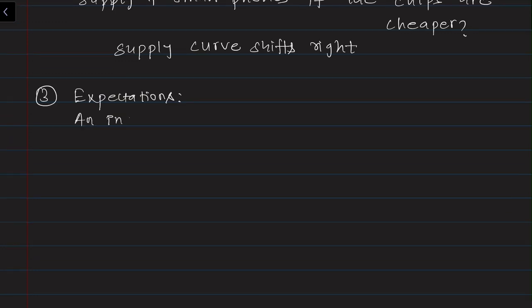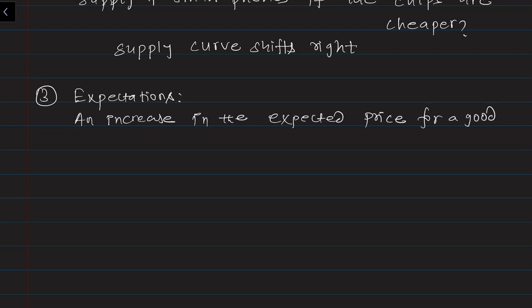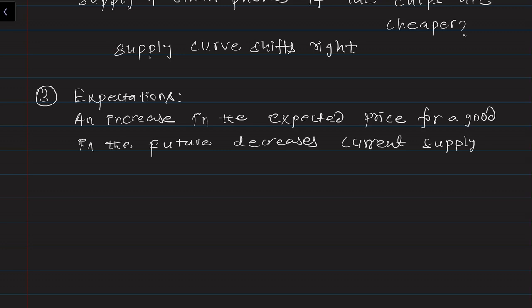So an increase in the expected price for a good in the future decreases current supply of the good, and vice versa is also true.